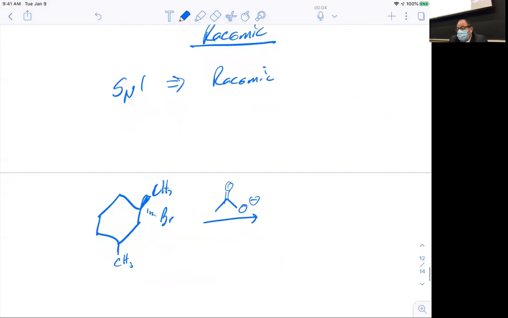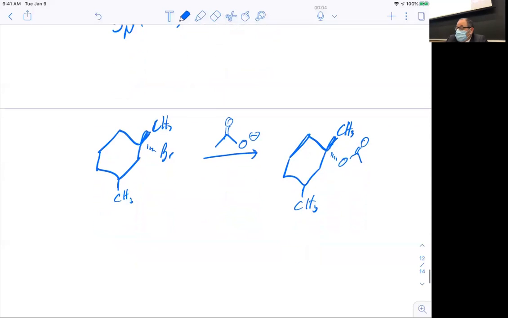So if we took this reaction, where we've got a tertiary substrate, what we're going to end up with is a 50-50 mixture of both inversion and retention. Oops, that's not going to make an oxonium ion, right?